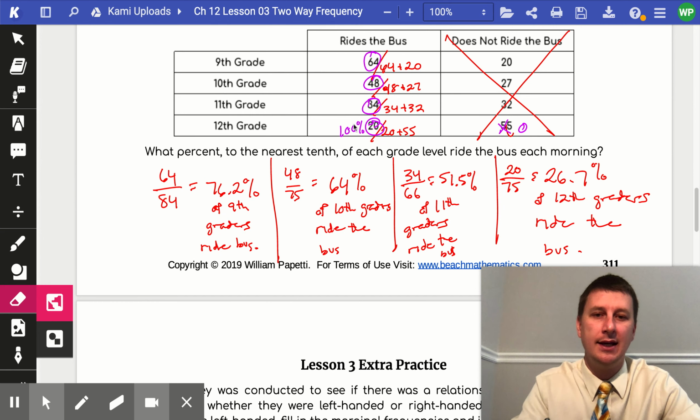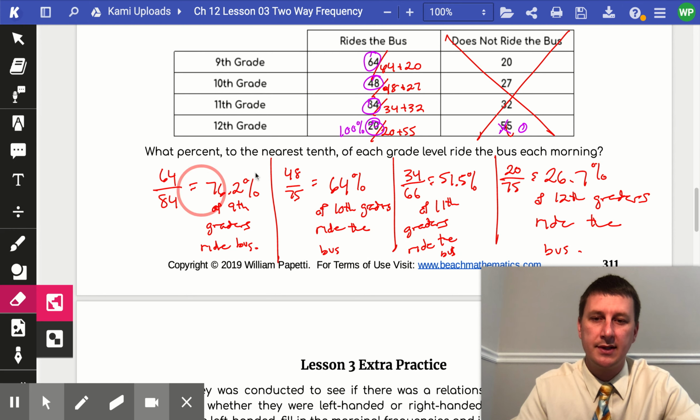Yes, in this case, these numbers were decreasing, and so were the percents of students. But again, if the number of 12th graders surveyed was 20, and all 20 of them rode the bus, you'd have a lot more percentage-wise of seniors than any other grade riding the bus. So we can't go by the numbers, we have to go by the percents.